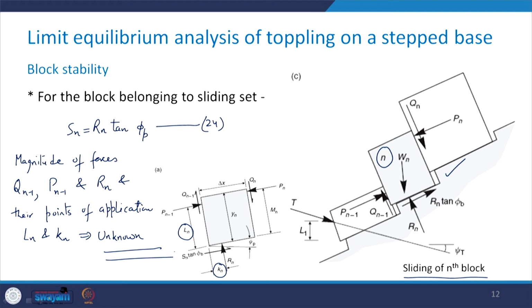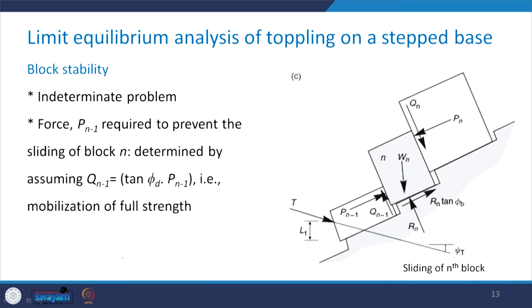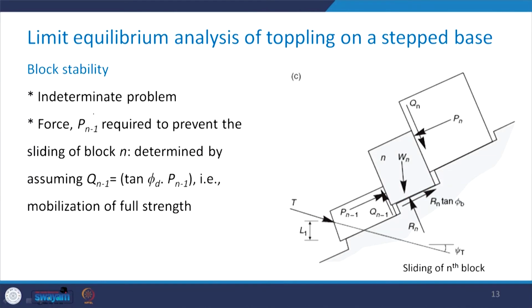The question is, if all these are unknown, how will we get the solution? So, this is a kind of indeterminate problem. In order to make it determinate, we need to have some kind of an assumption. So, the assumption which is involved here is that force Pn minus 1, which is required to prevent the sliding of the nth block, is determined by assuming Qn minus 1 to be equal to tan of phi d into Pn minus 1.